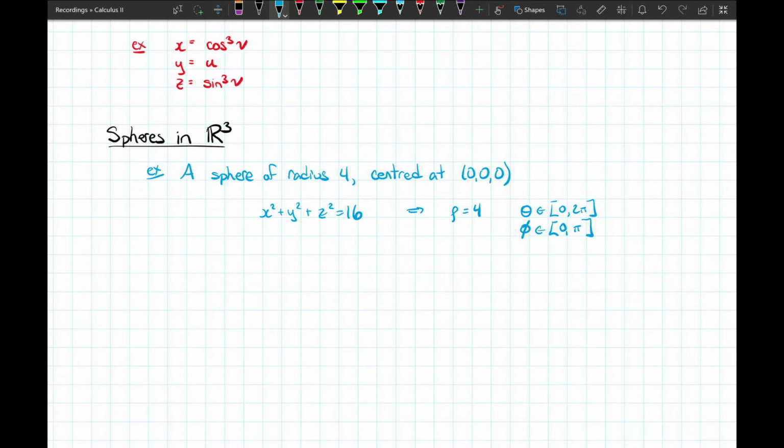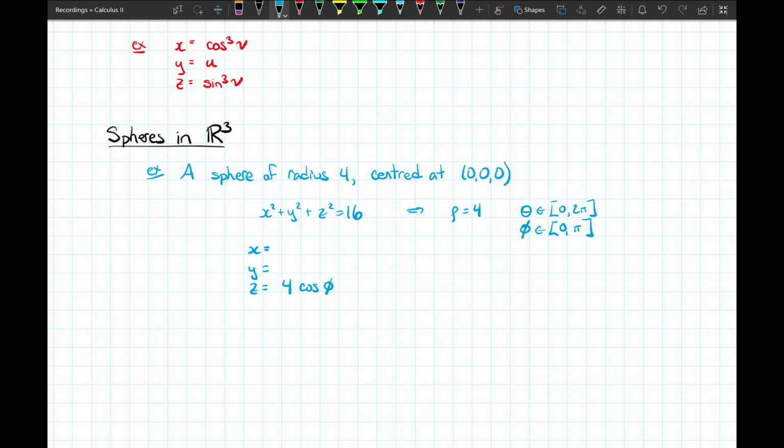To make this a little less confusing, let's take a look at the conversion of spherical coordinates back to Cartesian coordinates and use our parameters theta and phi to express a parametric equation for this sphere. To get the z component is fairly straightforward. We're going to just simply take rho and multiply by cosine of phi.